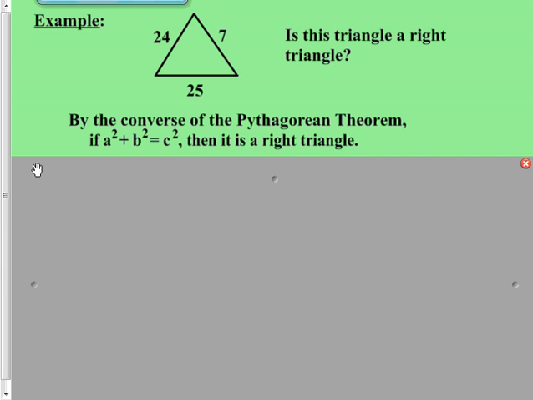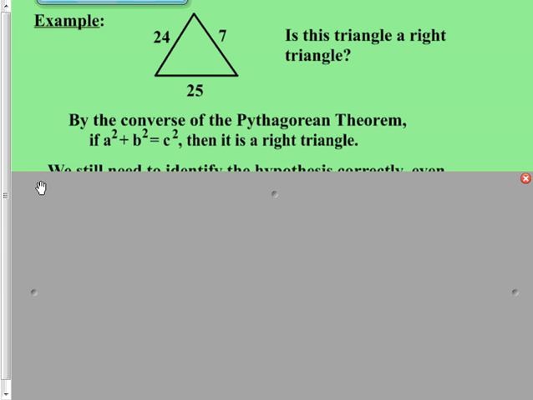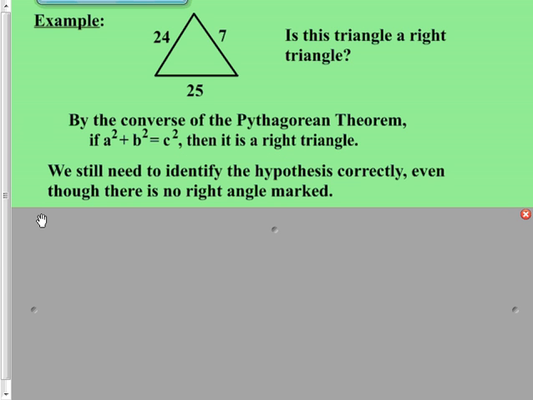Now, by the converse of the Pythagorean theorem, if a squared plus b squared does actually equal c squared, then we do have a right triangle. Just like with the regular Pythagorean theorem, we had better get the right information in for the hypotenuse. So we still need to identify the hypotenuse correctly, even though there's no right angle marked.